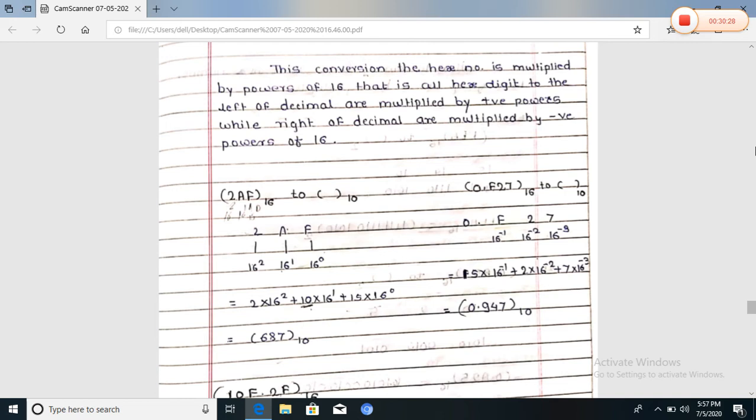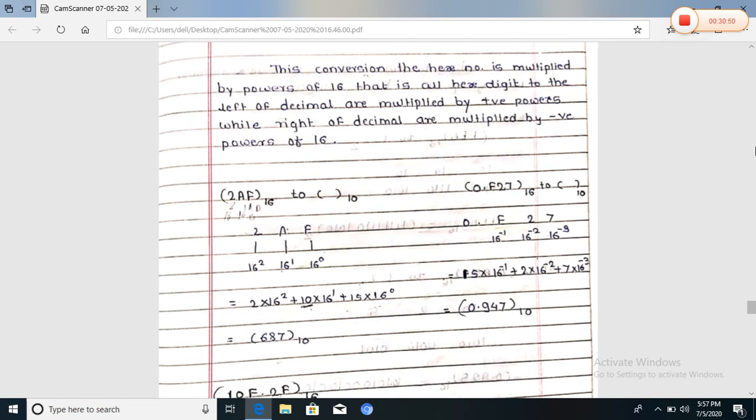For F, the base is 16, so 16 raised to 0, 16 raised to 1, 16 raised to 2. After that, there is no point number or base point, so this starts only with the positive powers for the left-hand side. So this calculation gives 687.